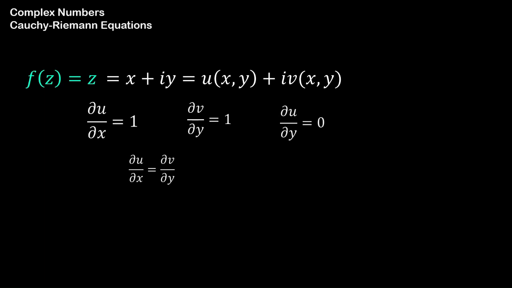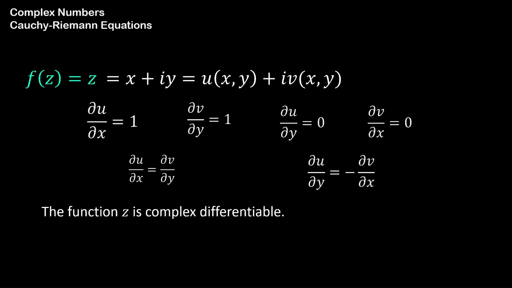Taking the partial derivative of u with respect to y will be equal to 0, and taking the partial derivative of v with respect to x is also 0. Therefore, we are meeting the second equality of the Cauchy-Riemann equations. Of course, the negative sign in here will not matter because we have a 0. The function f of z equals z is therefore complex differentiable. Taking the derivative of our function is just equal to 1.